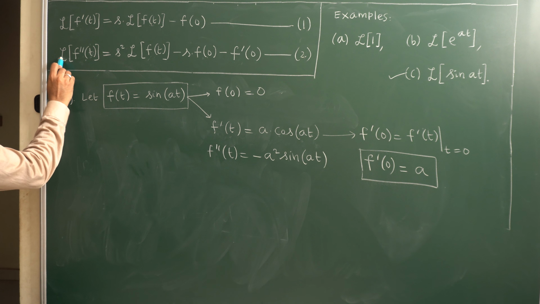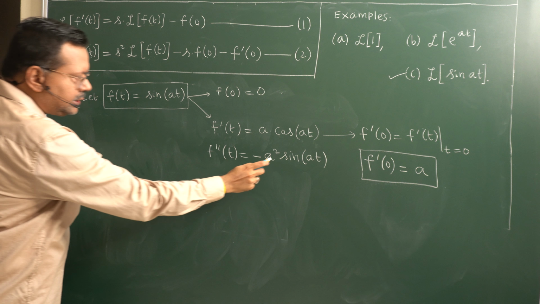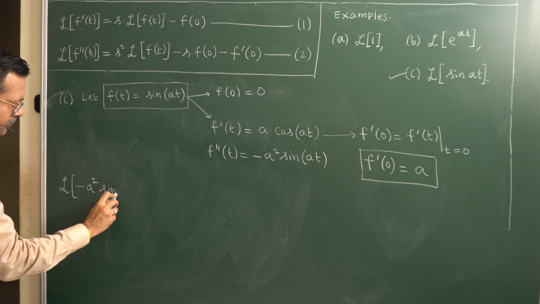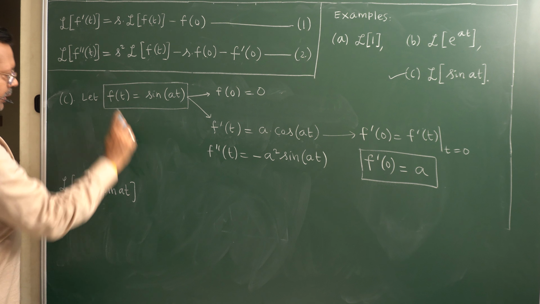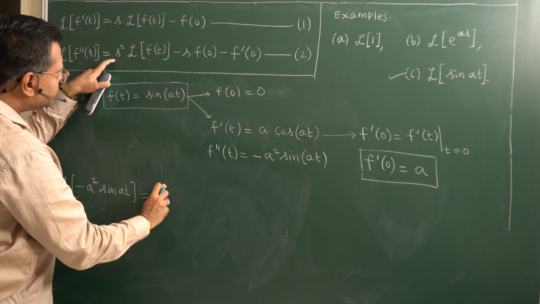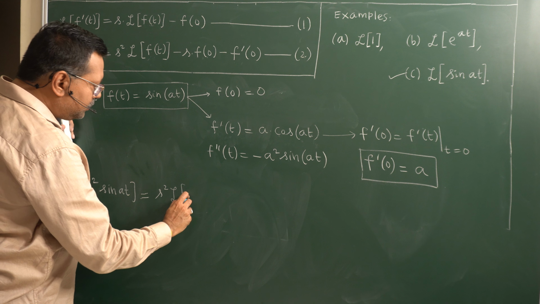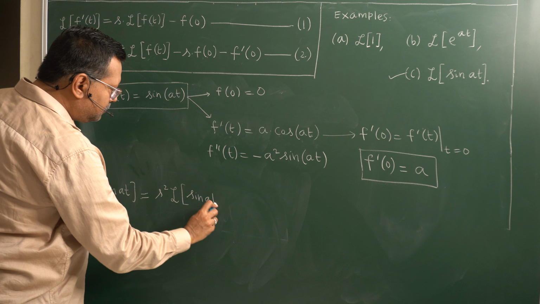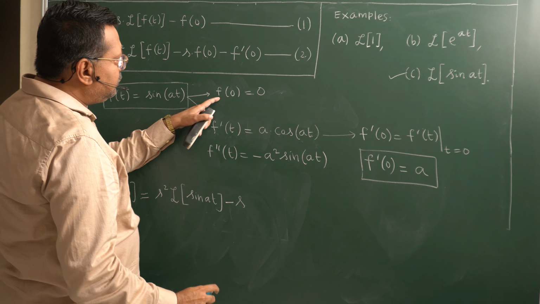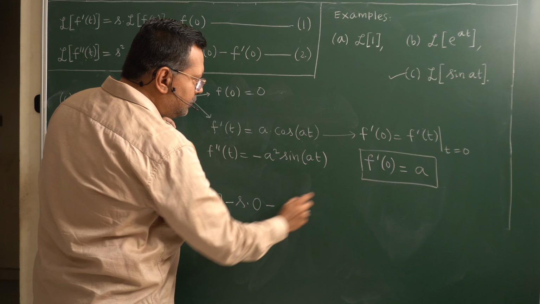So I will write down here the Laplace transform of f double prime of t is here, you put that minus a square sin at equal to, so let me therefore write down this entire thing, s square Laplace transform of sin at, then minus s into f of 0, which is 0, then minus f prime of 0, which is a.